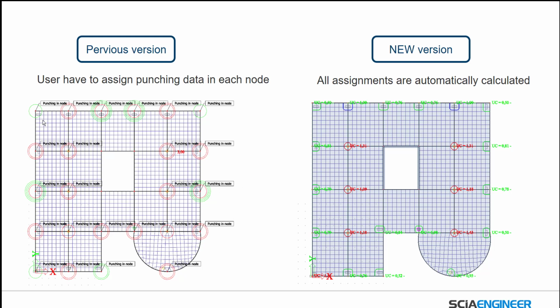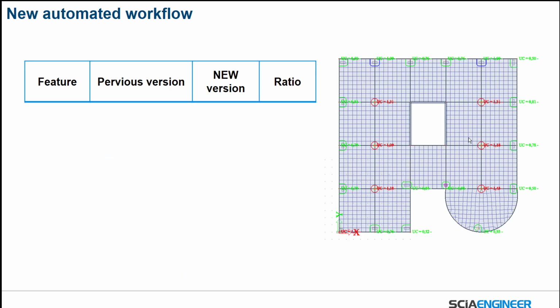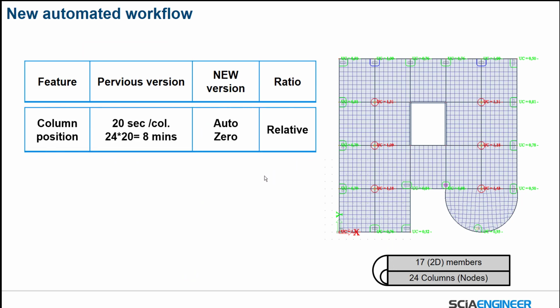Here in the old method, I need to tell the software about the location of the nodes and the condition of the connection, and here I don't need to do that. So what happened, in fact, is I spent 20 seconds per column just to tell the software about the location, and this consumed 8 minutes of my time.